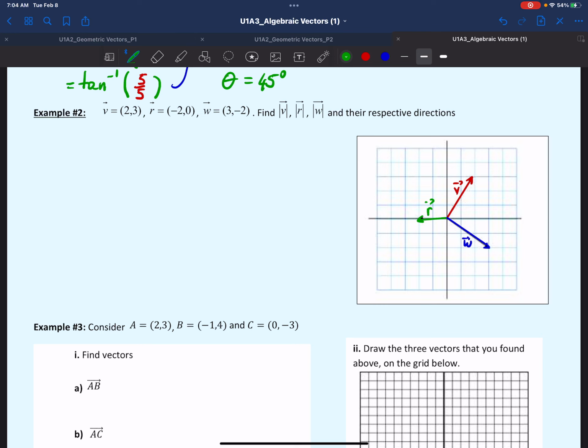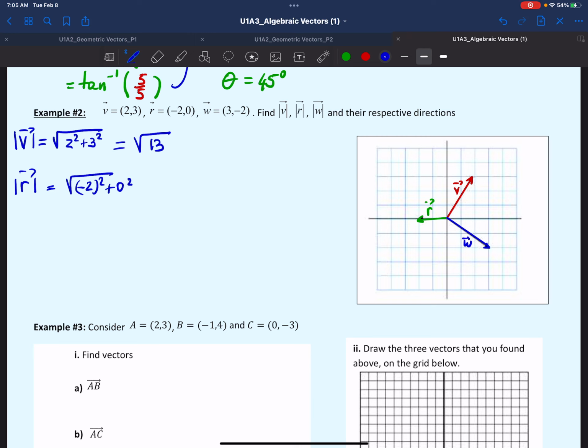Okay, so we have to find the respective magnitudes and directions. I'm going to start off with V. They're all angles in standard position, or they're all position vectors, we say. And we'll say that the magnitude of vector V equals the square root of 2 squared plus 3 squared. So that makes V equal to the square root of 4 plus 9, root 13. The magnitude of vector R is the square root of negative 2 squared plus 0 squared.